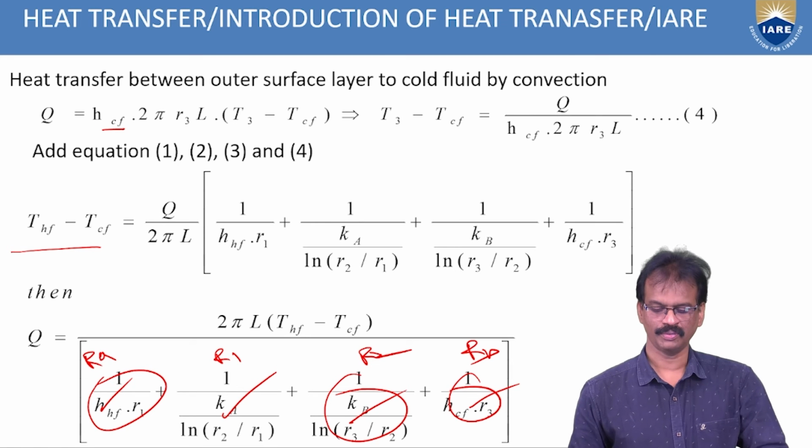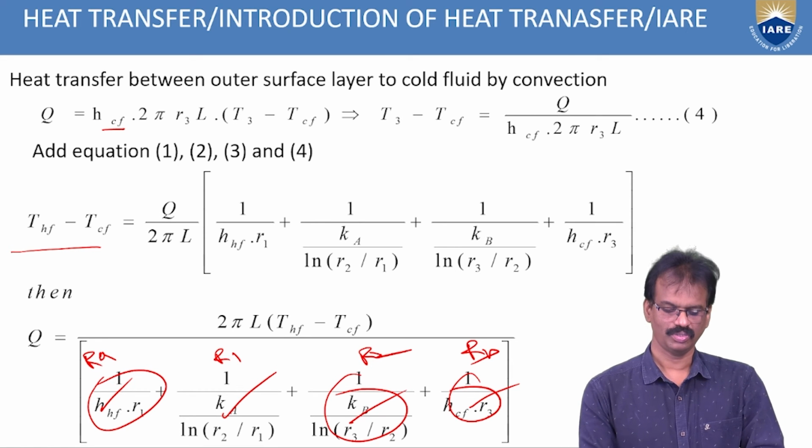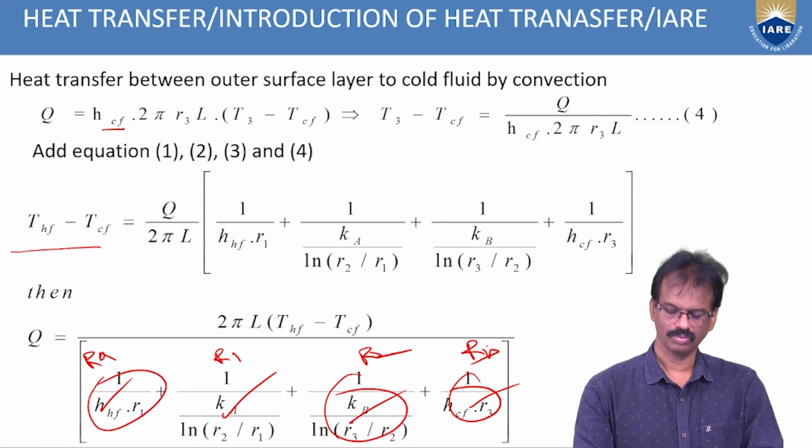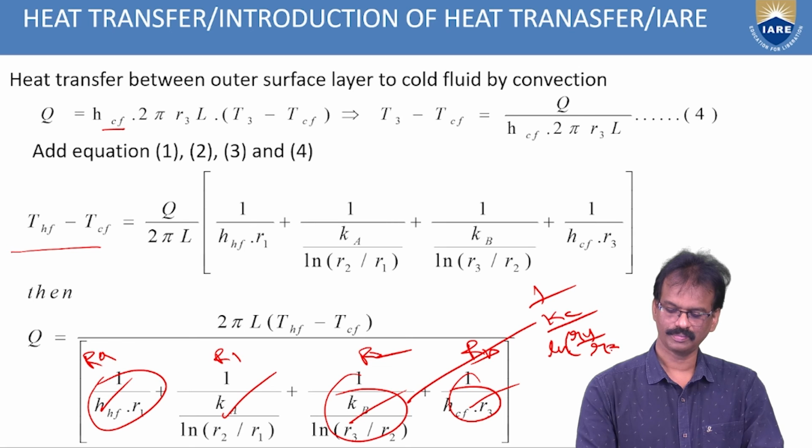So in this way, if there are two layers, you can write like this. If there are three layers, you have to add the third layer: here you have to add 1 by Kc ln R4 by R3.